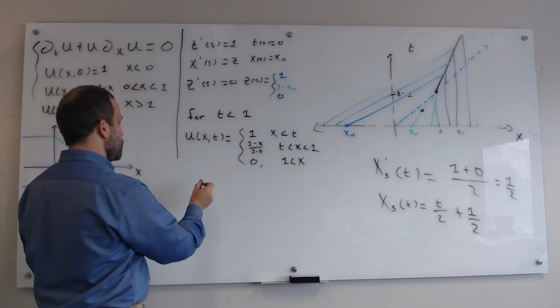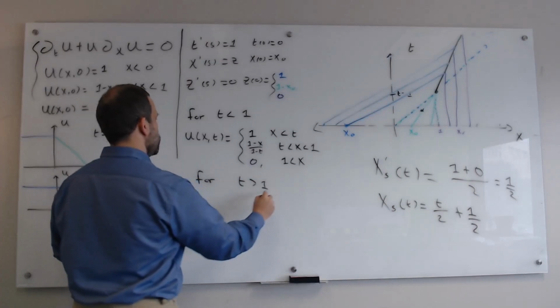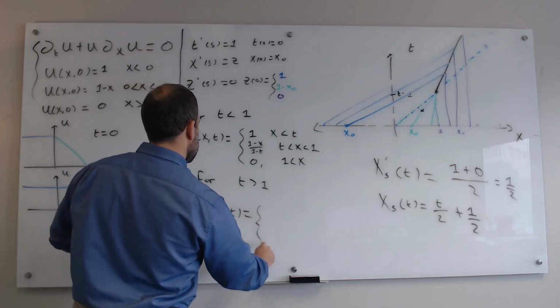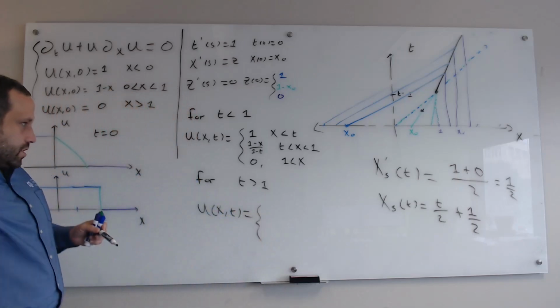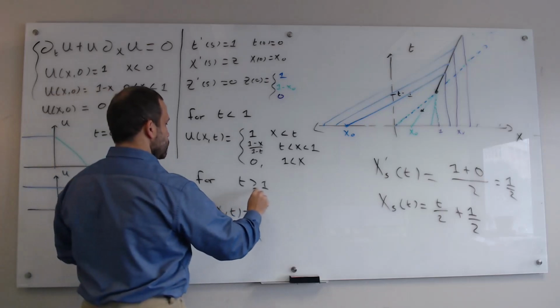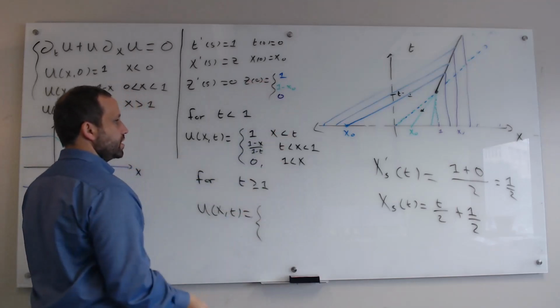So for t greater than, and really this is for t greater than or equal to 1, u of x,t is going to be equal to the blue characteristics to the left of that line.